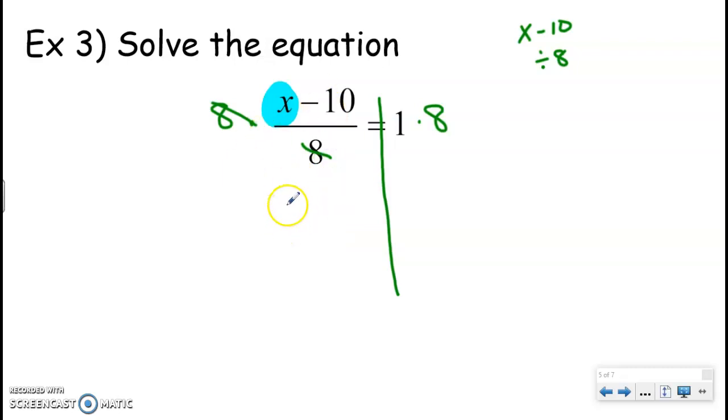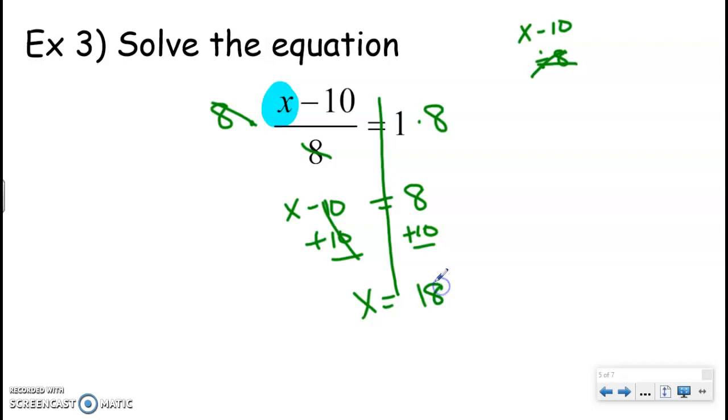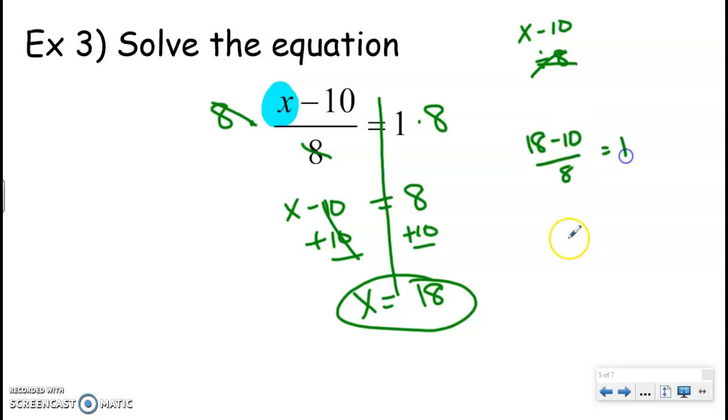Notice I didn't distribute there because they canceled out, so I'm left with x minus 10 equals 8. Now, instead of subtracting 10, we're going to do the inverse, and add 10 to both sides. So 8 plus 10 is 18. If we were to check this, we would get 8 divided by 8, which equals 1.